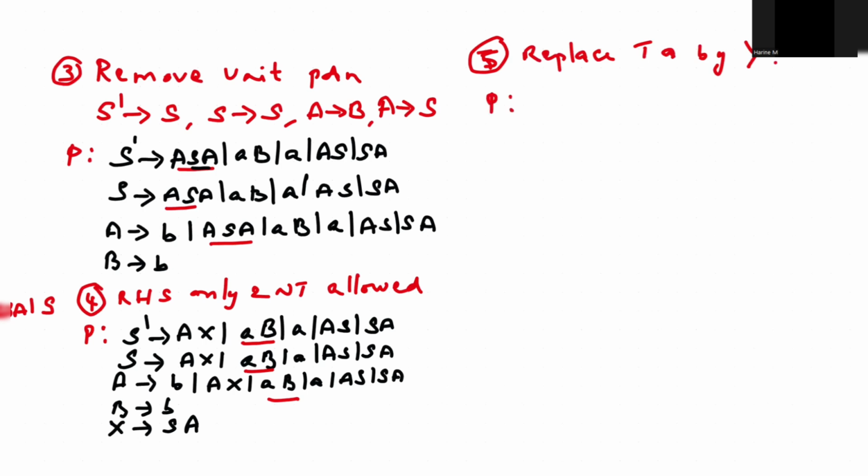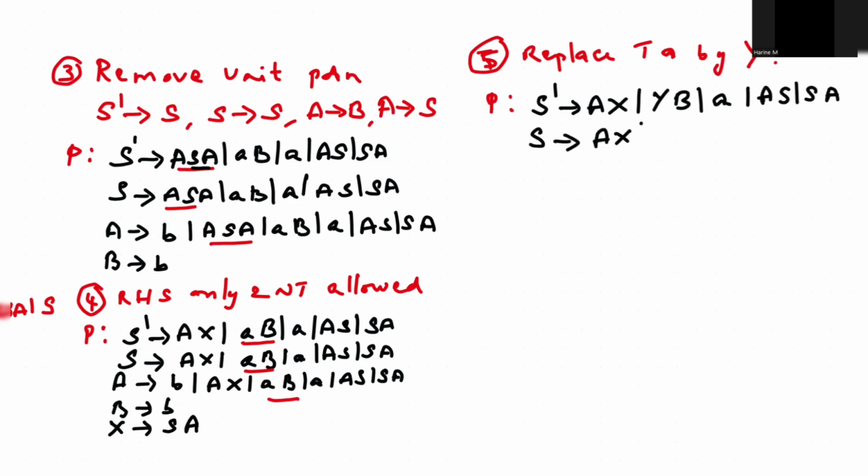So now the production will be S dash tends to AX. Replace the terminal followed by a non-terminal as YB. A single terminal A is allowed. According to Chomsky normal form, the right-hand side should have either 2 non-terminals or a single terminal.